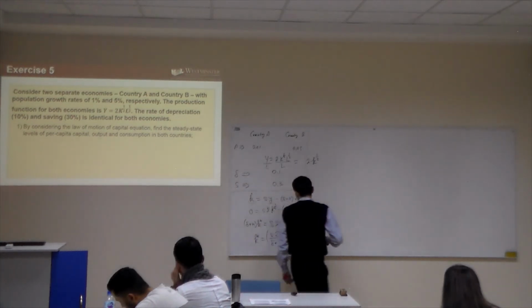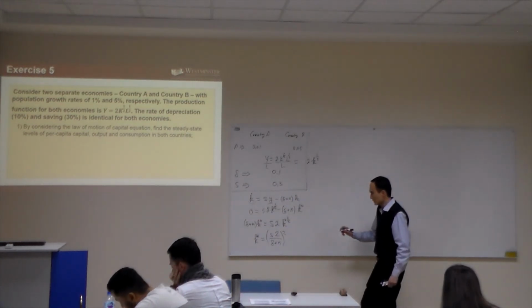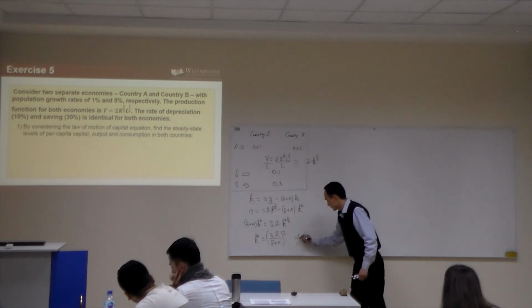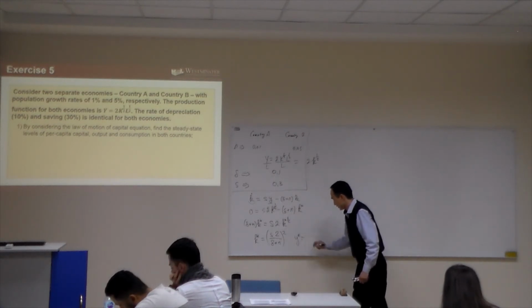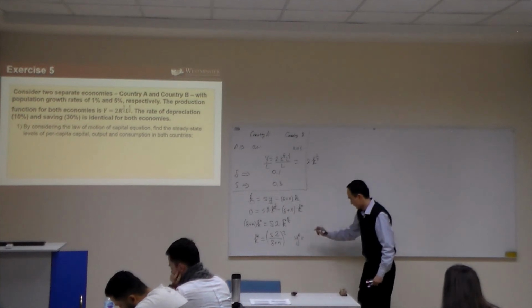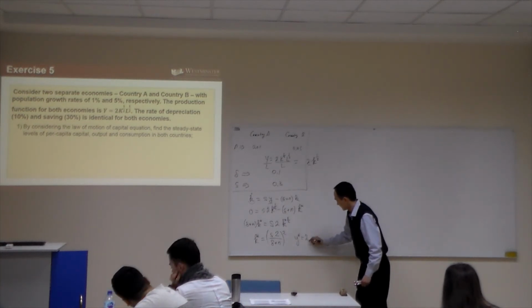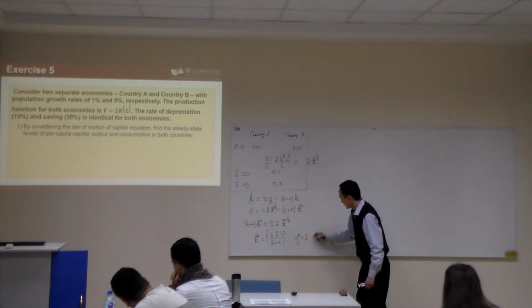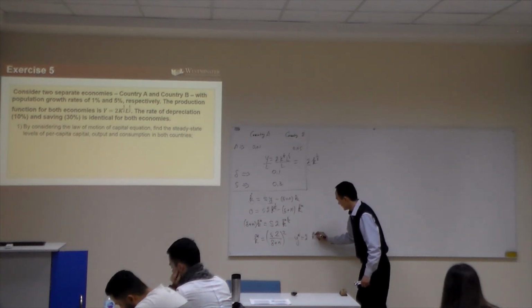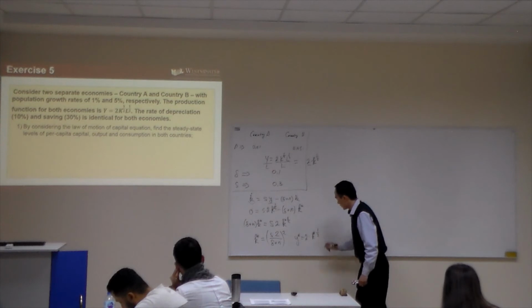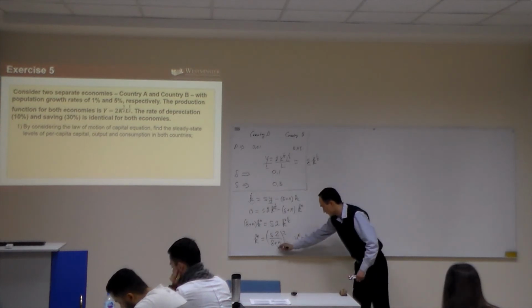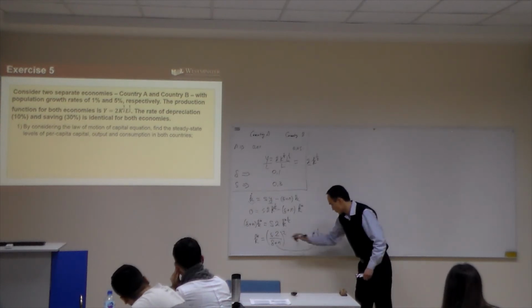If you want now, if you find output in the steady state level, which is equal to technology, which is given 2, right? Times per capita capital in the steady state level in the power of 1 over 2. We already found it, right? Which is equal to this one.